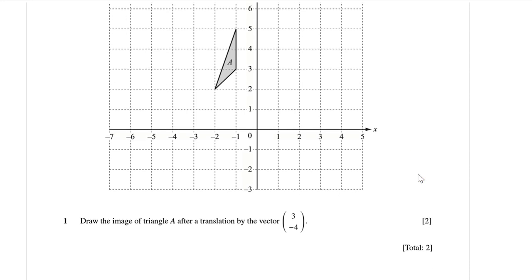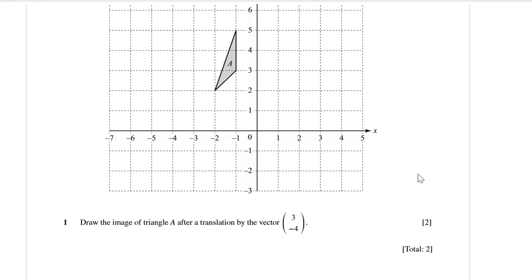Question number 1. Draw the image of triangle A after a translation by vector 3, minus 4. So we know that this is your movement in the x direction or horizontal line, and this is your movement in the y direction.